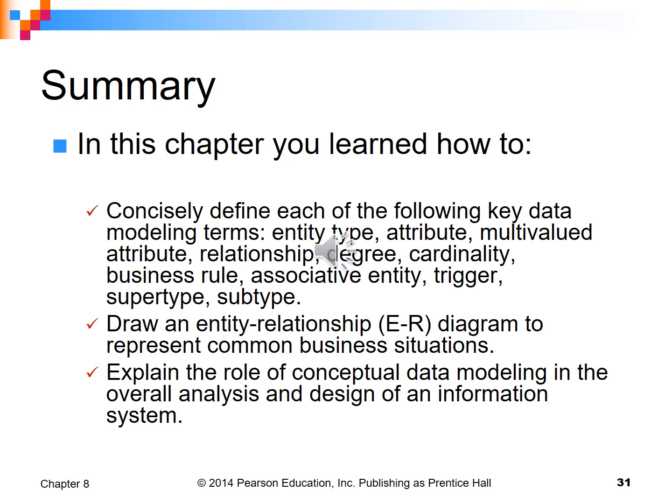Well, to summarize what we have in this chapter: first of all, we learned to concisely define each of the following key data modeling terms: entity type, attribute, multivalued attribute, relation, degree, cardinality, business rule, associative entity, trigger, supertype, and subtype. And then draw the entity relationship diagram to represent common business situations. Explain the role of the conceptual data model in the overall analysis and design of an information system.